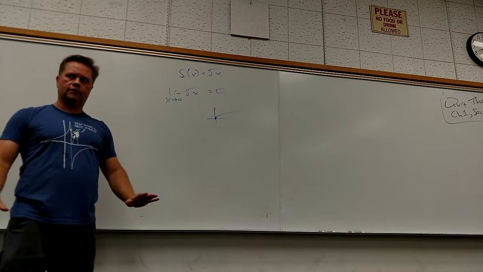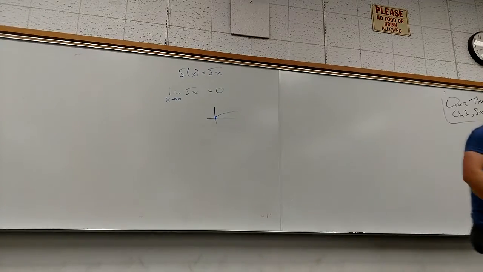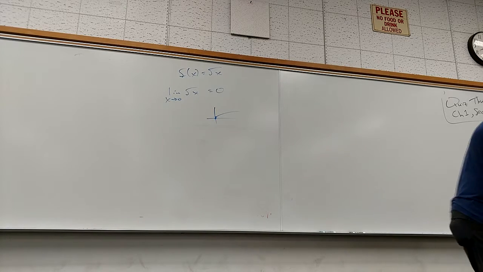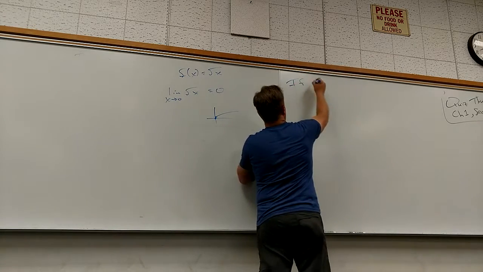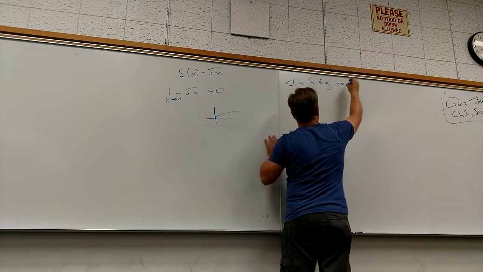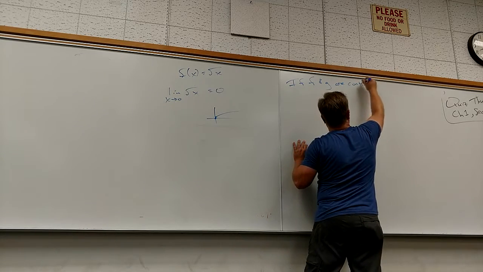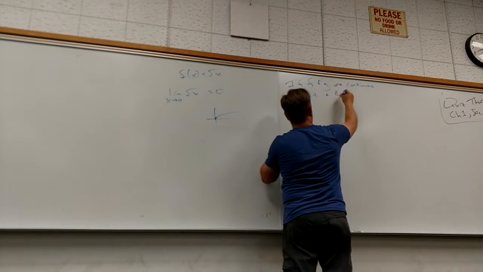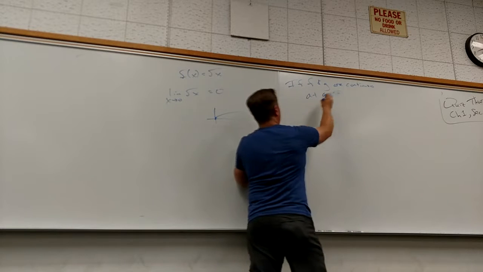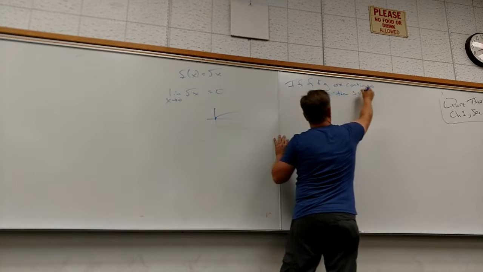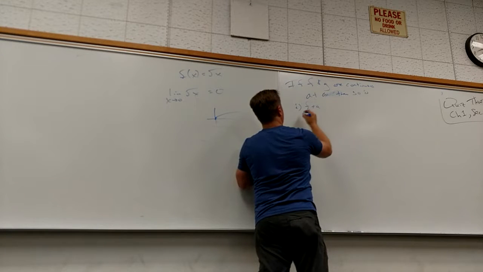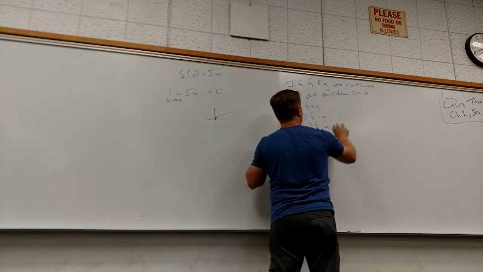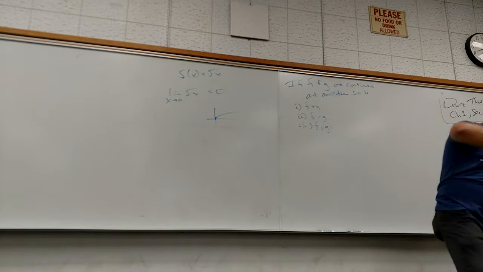Okay, that's one idea. Another idea is, if f and g are continuous at a, then so is f plus g, f minus g, f times g, c times f.